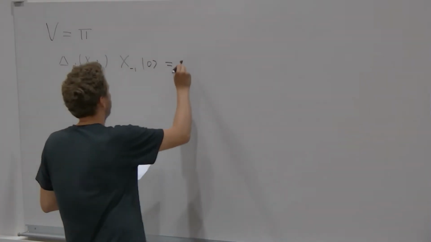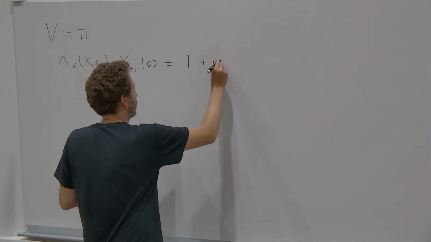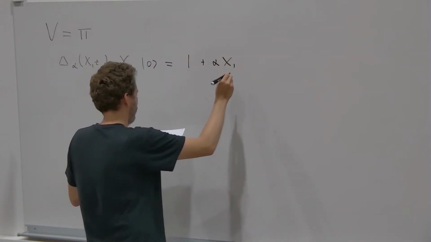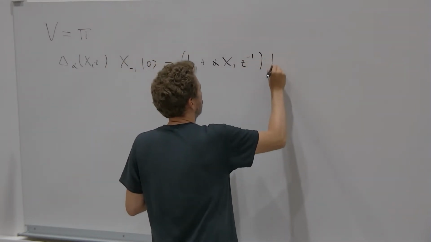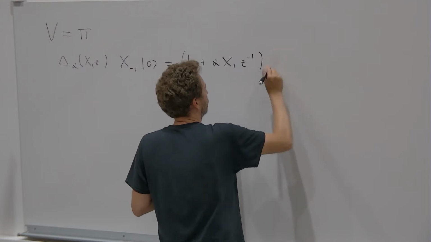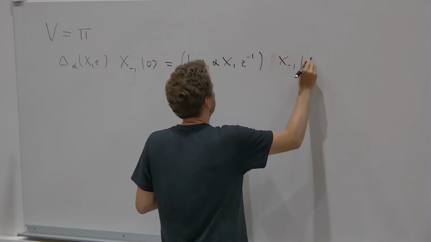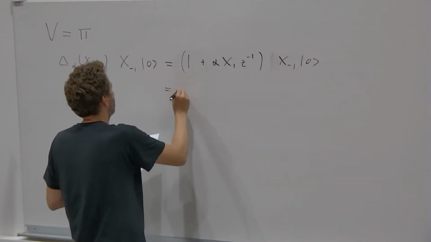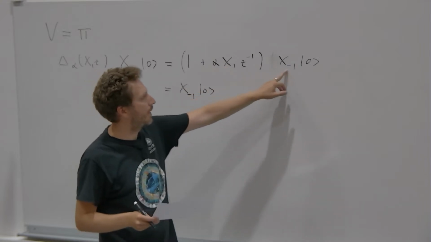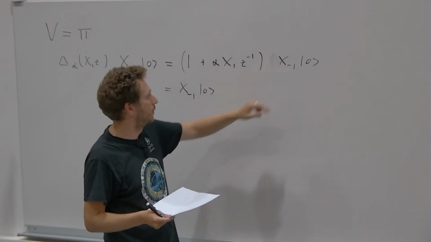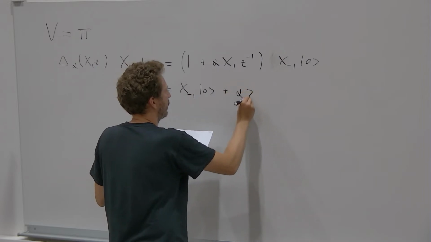Right? So we have the identity, of course, and then the only other term that acts non-trivially is this one. And so we get our vector back. And now the commutator of x1 with x minus 1 gives us just 1. So that means we get plus alpha.